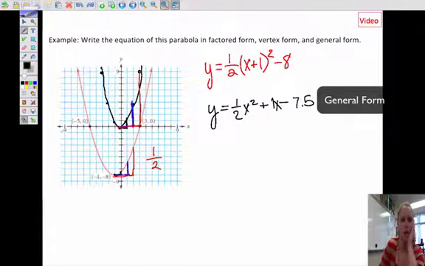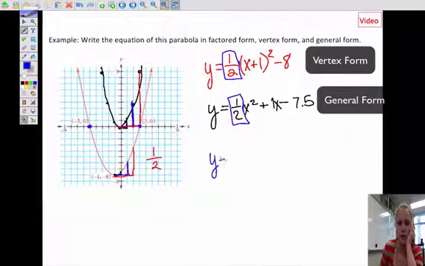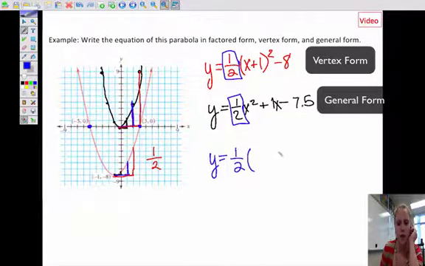All right, so finally, if we get to factored form, I'm going to just use our roots here and the a that we got in both vertex form and expanded form. In factored form, that a can go out in front as well, so that's just going to be the leading coefficient. And then I'm going to just have 2 sets of parentheses here with x's and then my root.